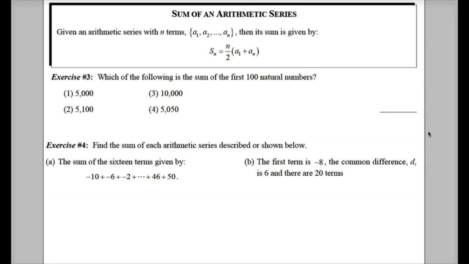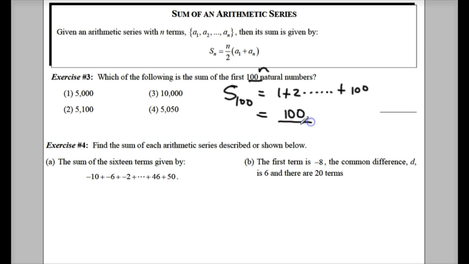It says, which of the following is the sum of the first 100 natural numbers? So it's saying the first 100, S of 100 is equal to 1 plus 2, and so on, all the way to 100. How can I find the sum? So this is my n, and follow my definition up here.